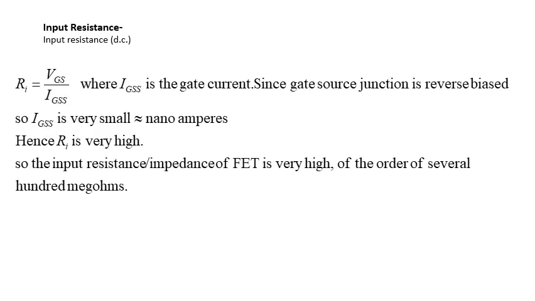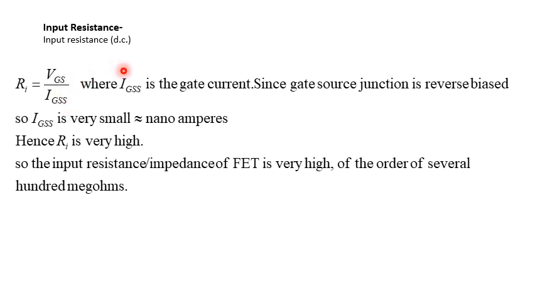Now, another important parameter of a FET is input resistance. Input resistance is the ratio of VGS and IGSS. Here we have calculated the DC input resistance because we have not taken delta VGS and delta IGSS; we have taken the absolute values of VGS and IGSS.